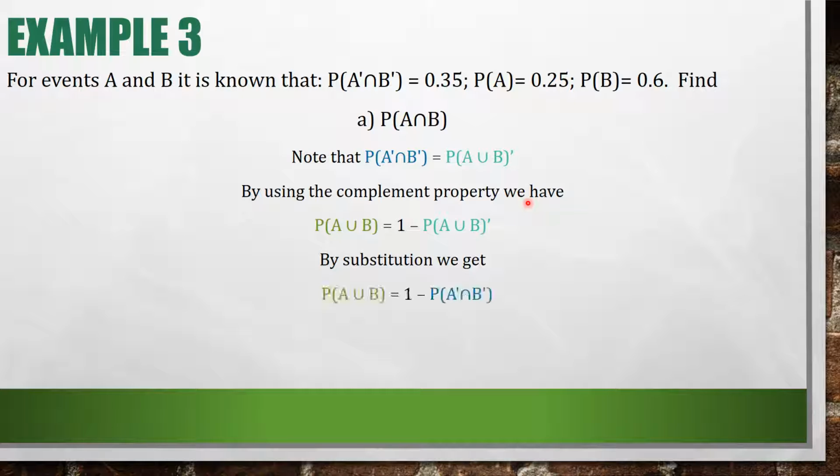By substitution, we get this formula here. I substitute in the 0.35 and subtract it from 1, and I see that the probability of the union of A and B is 0.65.